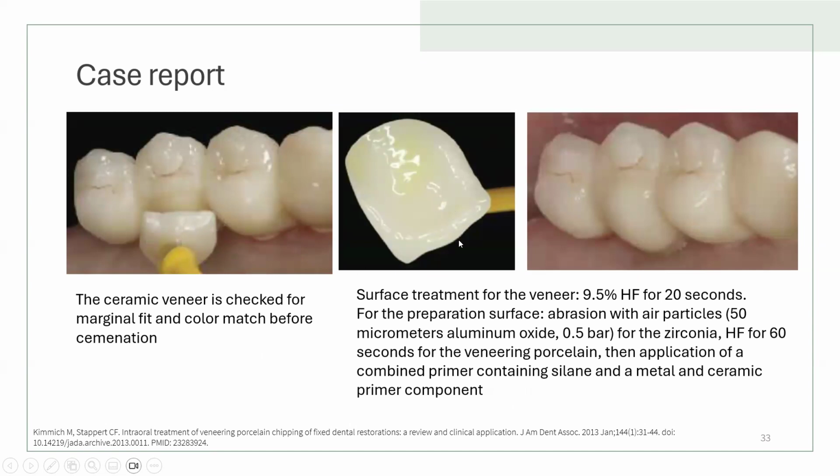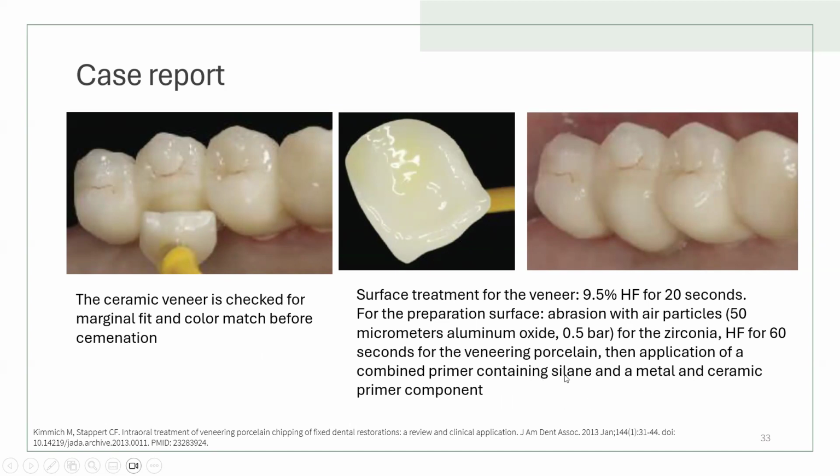And here is the surface treatment of the veneer with hydrofluoric acid for 20 seconds. For the preparation surfaces, they did intraoral hydrofluoric acid for the porcelain and air abrasion with alumina particles for the zirconia.